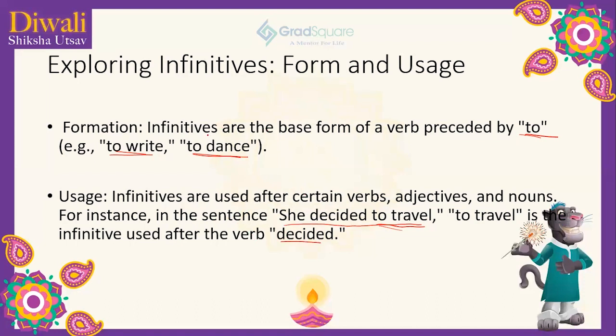So basically, talking about the distinction between gerunds and infinitives, when we add ing to the base form of the verb, it becomes a gerund. In the case of infinitives, the base form of the verb is preceded by to, such as to write, to dance, etc.